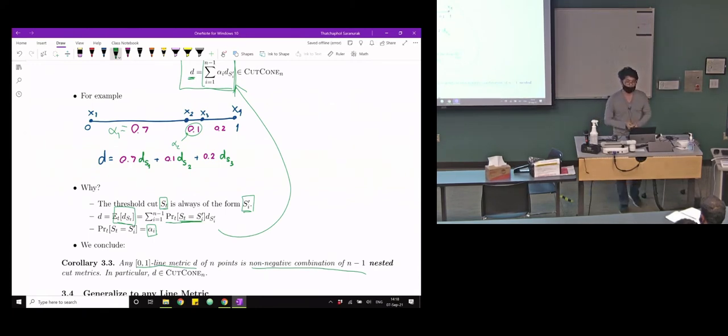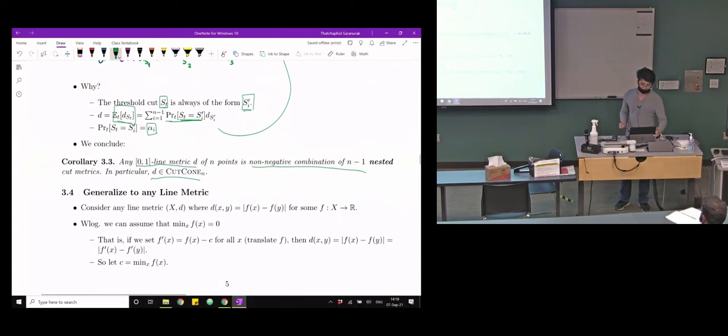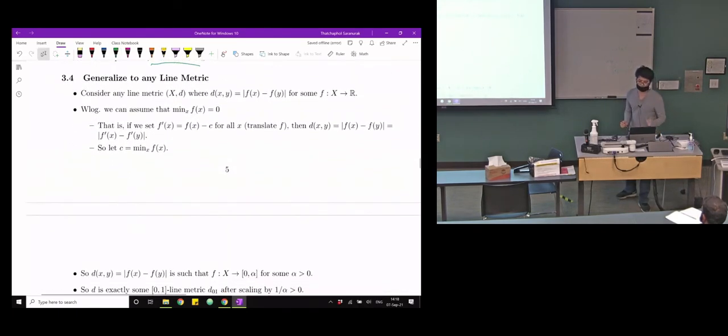Very structured. And in particular, it means that D is in the cut cone. So that's a special case, but it's a key case. It's a crucial one. Now it's kind of easy to generalize.